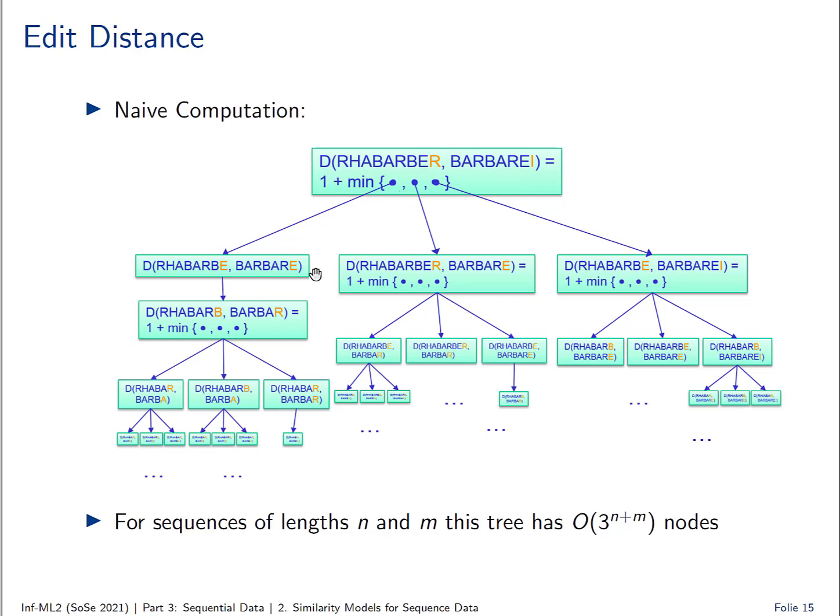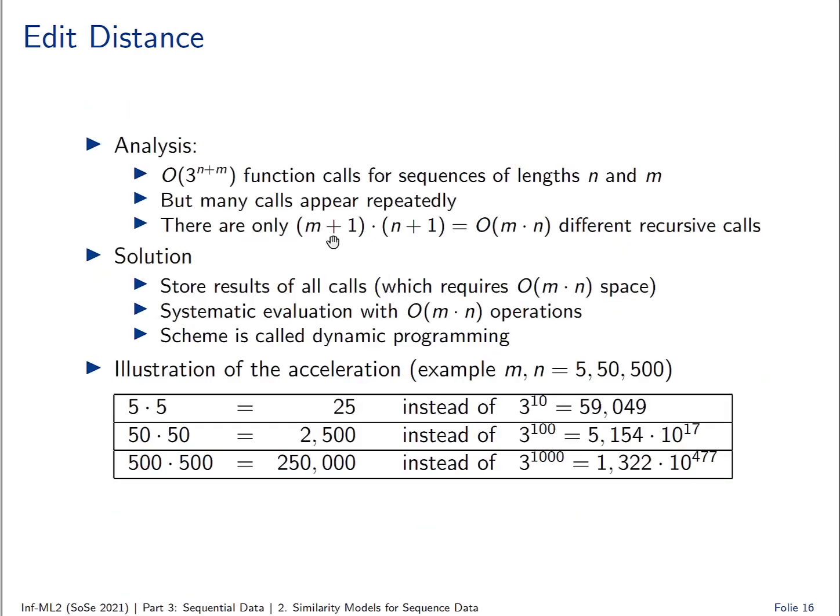So the height of this tree is n plus m, and since we have a fan of 3, we have 3 to the power of n plus m different nodes in this tree. That's the point. So the number of nodes in the tree is O of 3 to the power of n plus m. But the height of the tree is O of n plus m. Actually, the number of different recursive calls is n plus 1 times m plus 1.